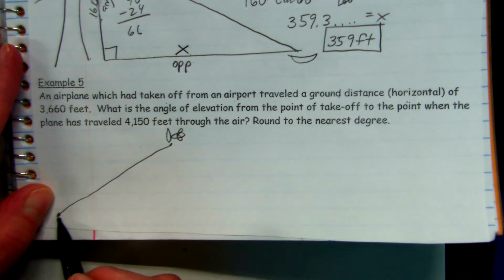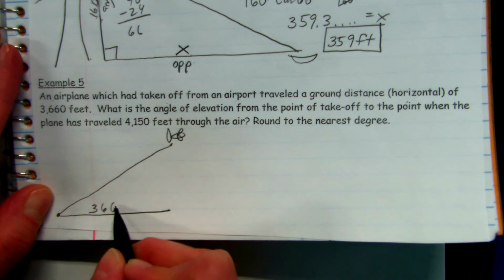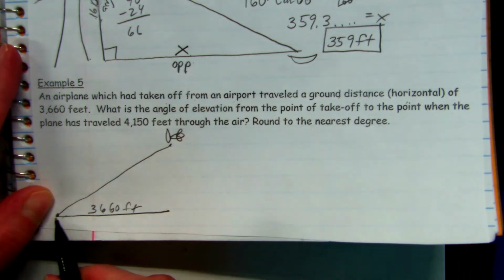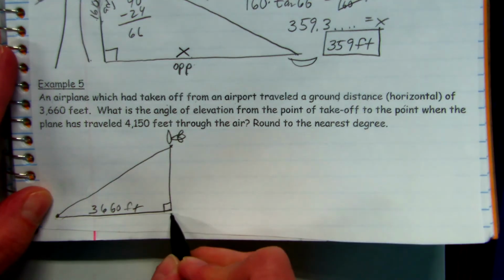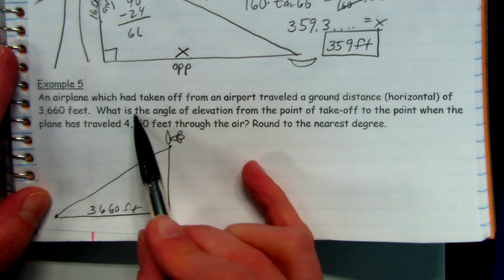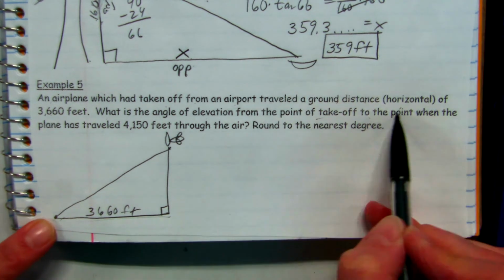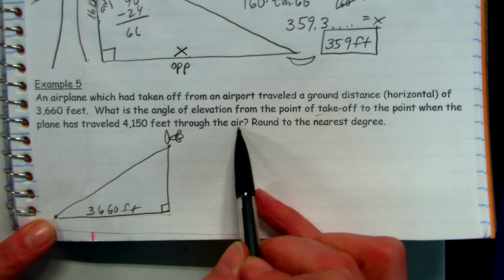And so it tells us the horizontal distance it's covered is 3,660 feet. So it's not the actual distance it's gone up here. It'll be close. But if it's horizontal, it's got to go down here on the ground. They call that the ground distance. Okay, it says, what is the angle of elevation from the point of takeoff over here to the point when the plane has traveled 4,150 feet through the air?